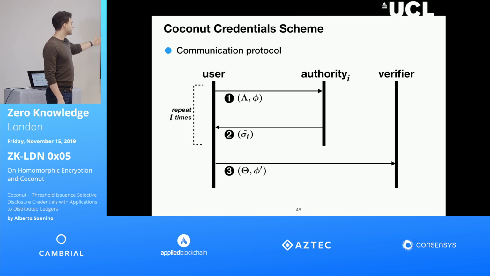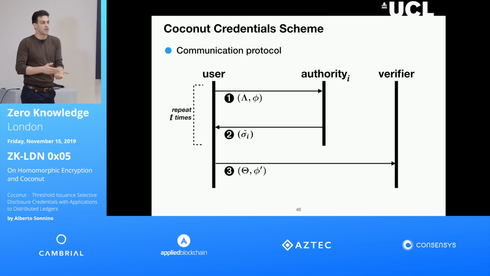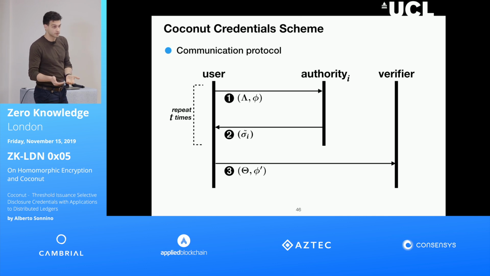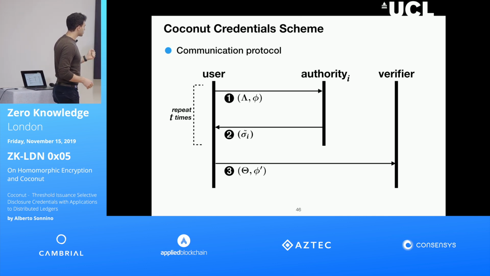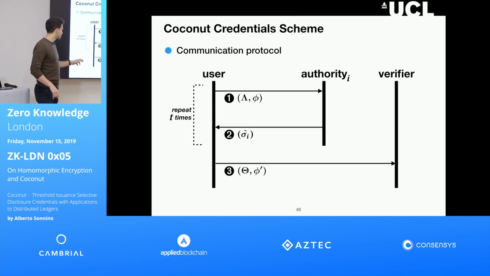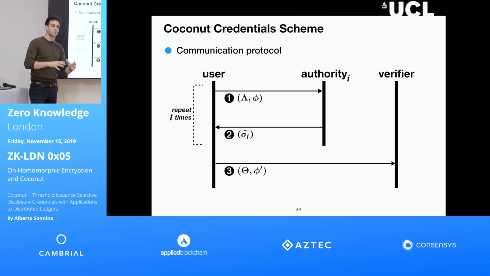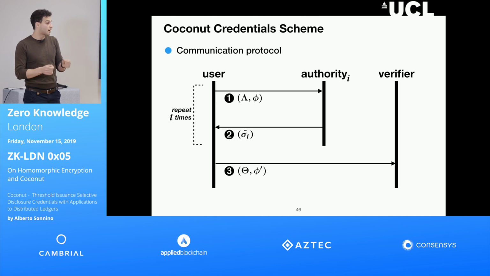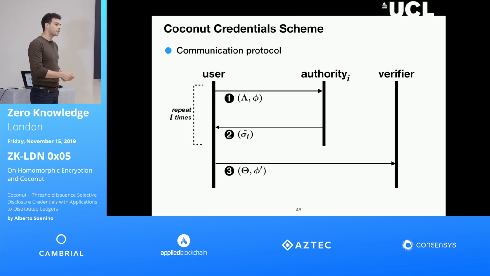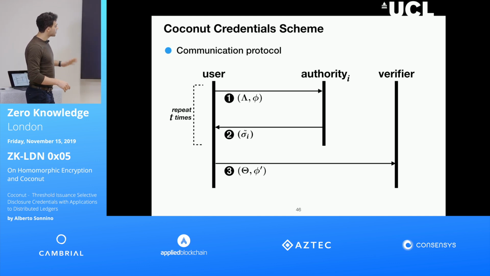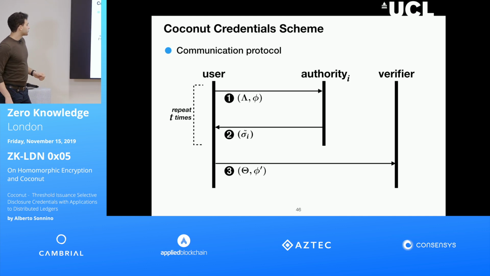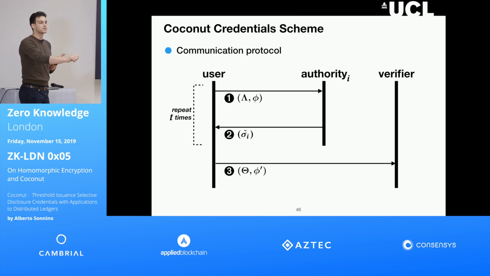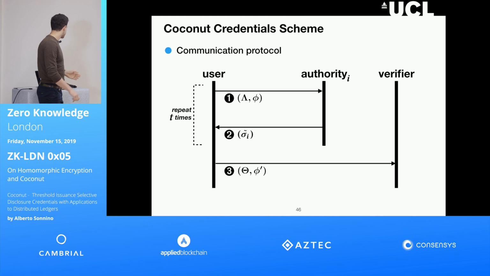This is repeated at least t times. Basically, you need to hit t honest authorities. Once you do that, you're good, you aggregate, and to show it, you compute another cryptographic element that proves that the attributes embedded there satisfy whatever predicate phi prime, and you send it to a verifier. So this is basically the communication and the communication complexity of the protocol.